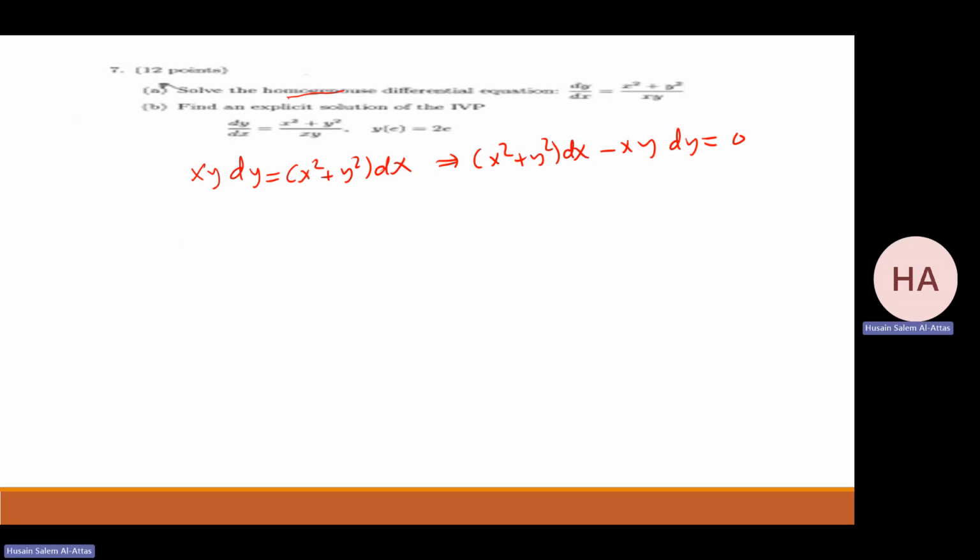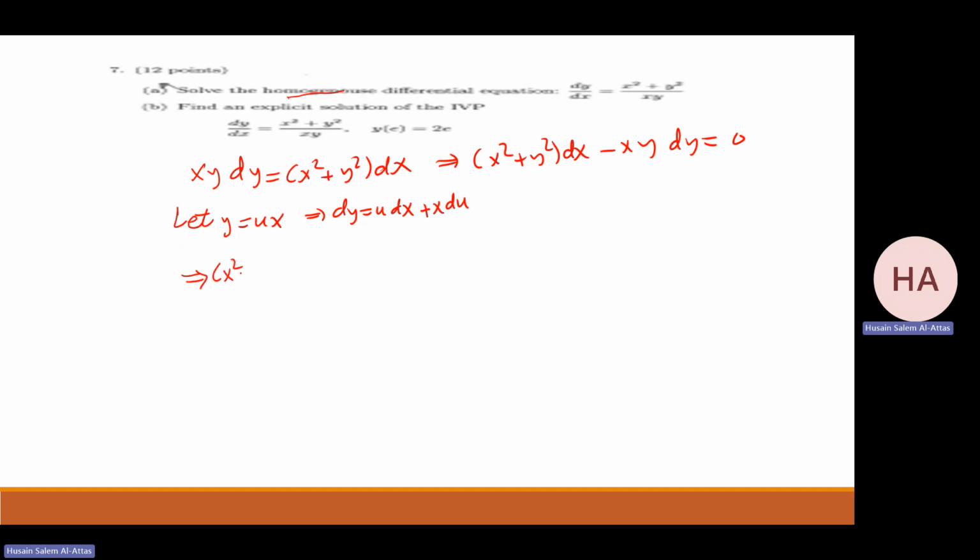This one, it's homogeneous, very clear. And I will let y equal ux. So dy equals u dx plus x du. Plug it. So the equation becomes what?